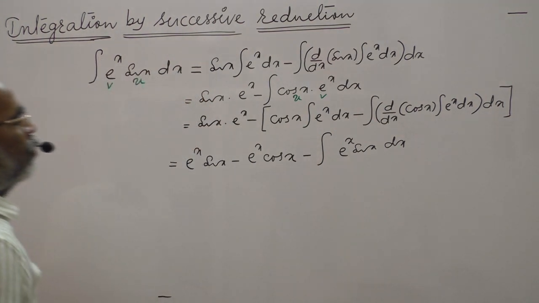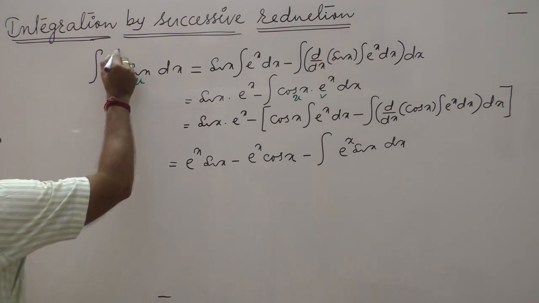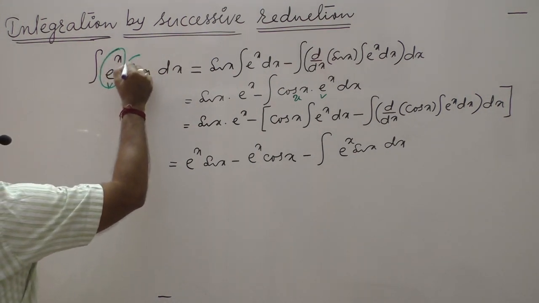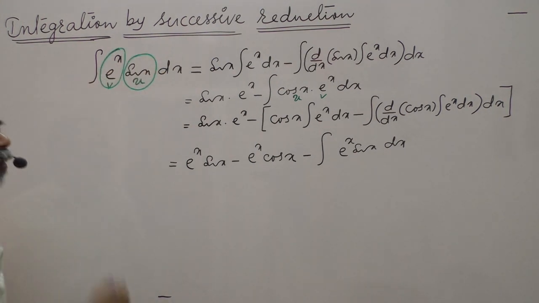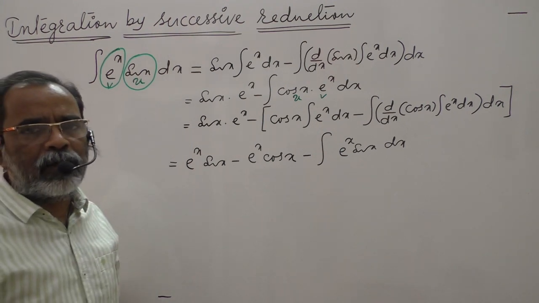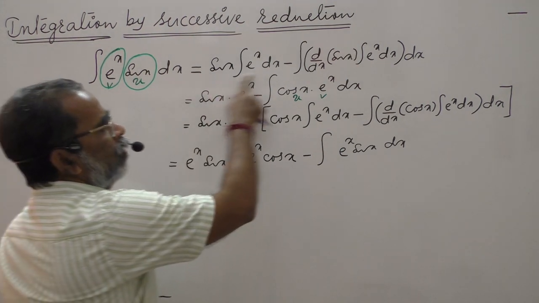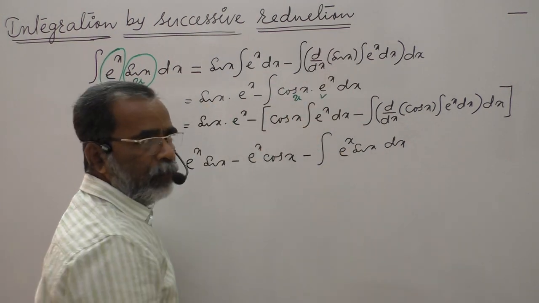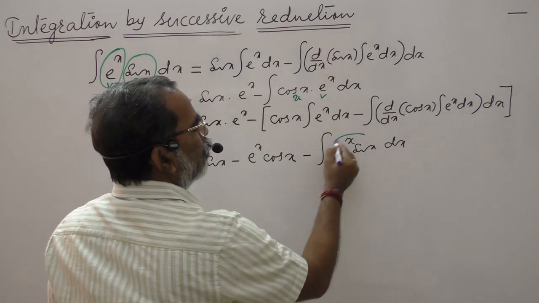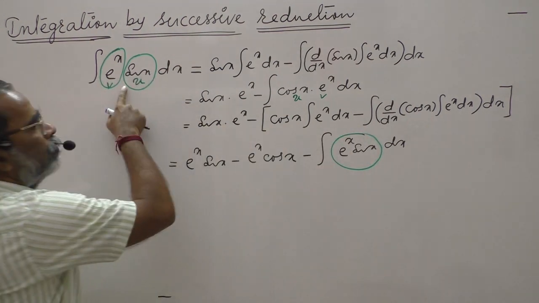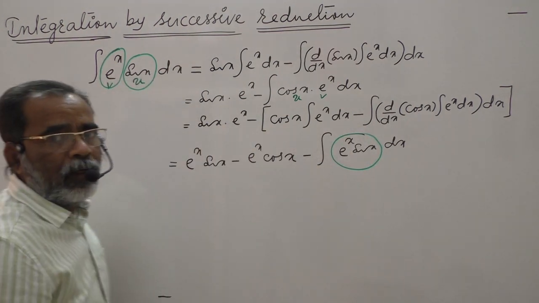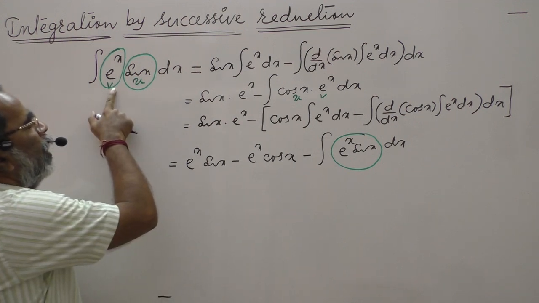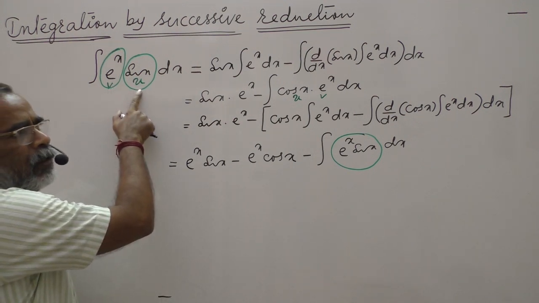Please see, what was our problem? Our problem was the integral of the product e power x into sin x. There are two functions, so we applied integration by parts. Still the same product has come. Are you following? We have to integrate this.